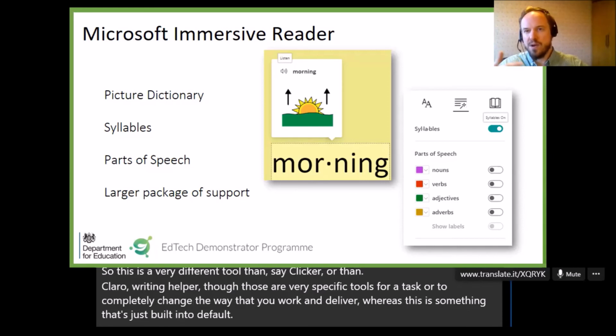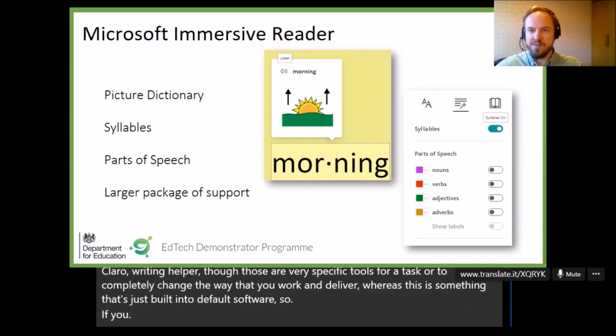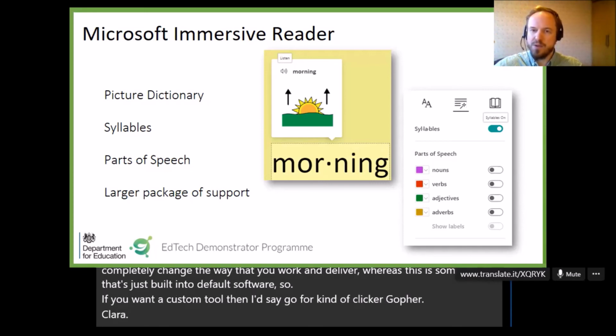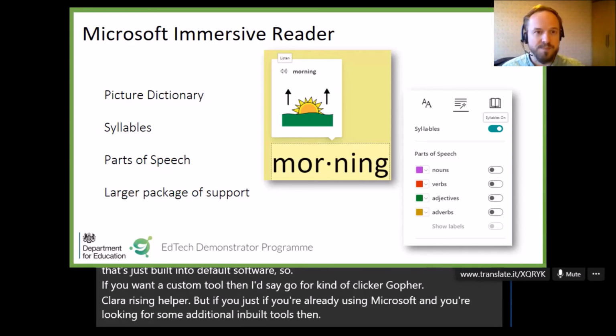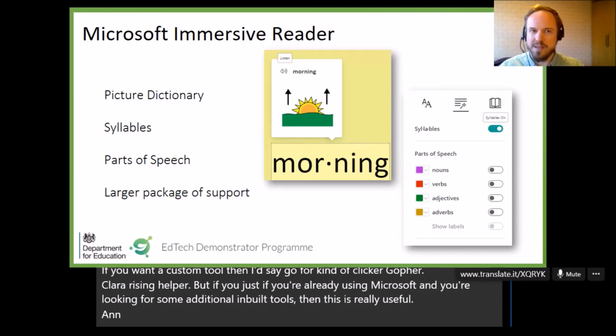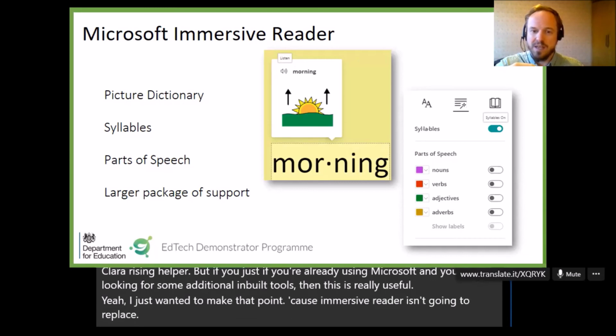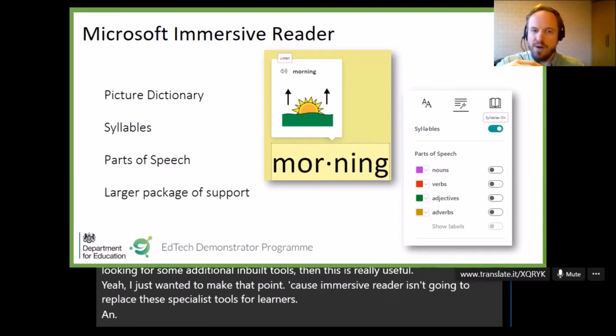So if you want a custom tool, then I'd say go for Clicker, go for Claro Writing Helper. But if you're already using Microsoft and you're looking for some additional inbuilt tools, then this is really useful. Yeah, I just wanted to make that point, because Immersive Reader isn't going to replace these specialist tools for learners on a lot of fronts.